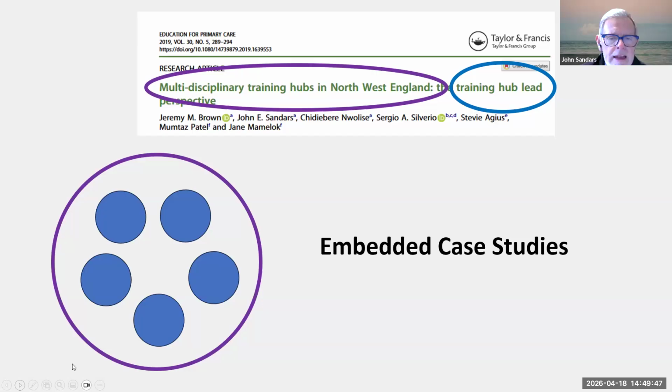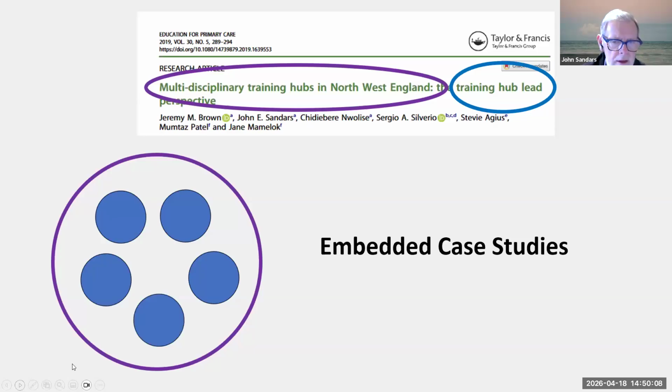Northwest England is an area of England. So that was a case study of looking at Northwest England, because within Northwest England was different to Northeast England, to Southwest England, to Southeast England, to Central England. These training hubs were all set up differently.